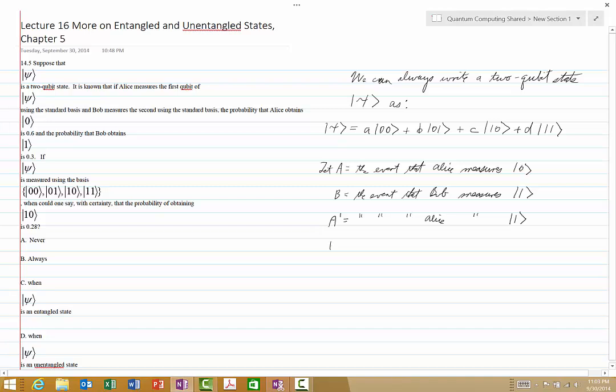And similarly, B prime is the event that Bob measures 0, because it's the complement of the event B, which is the event that Bob measures a 1, and so if he doesn't measure 1, he must measure a 0.